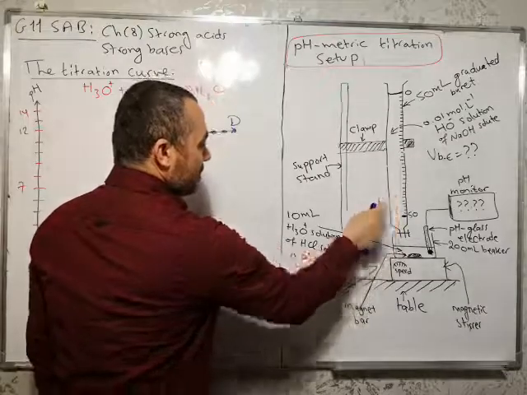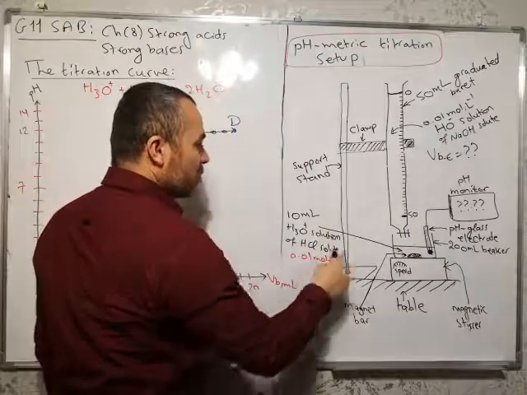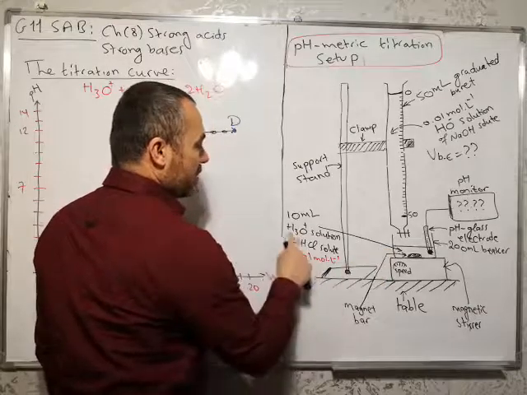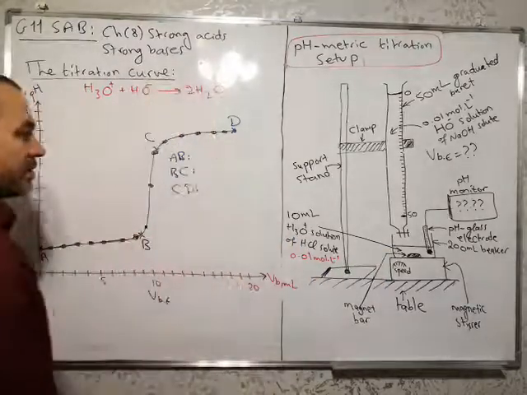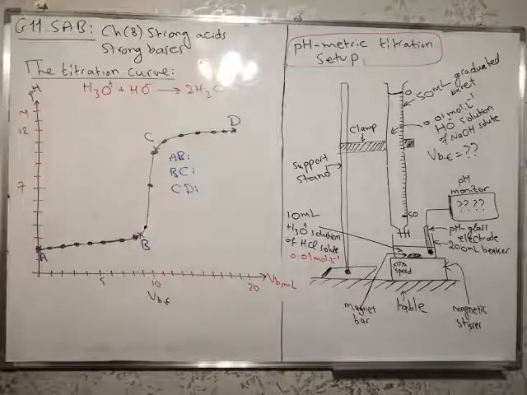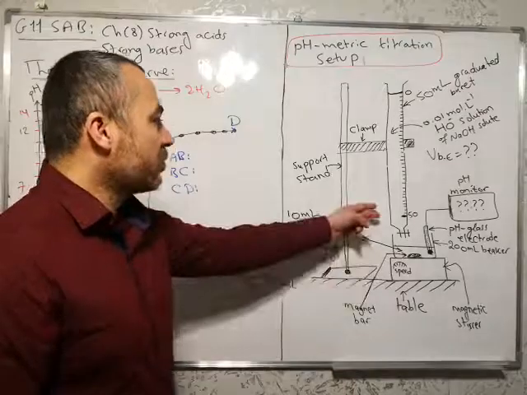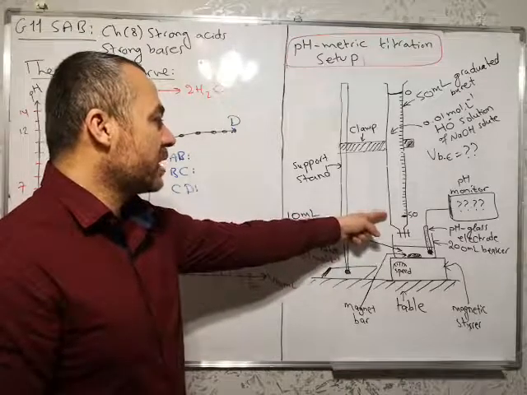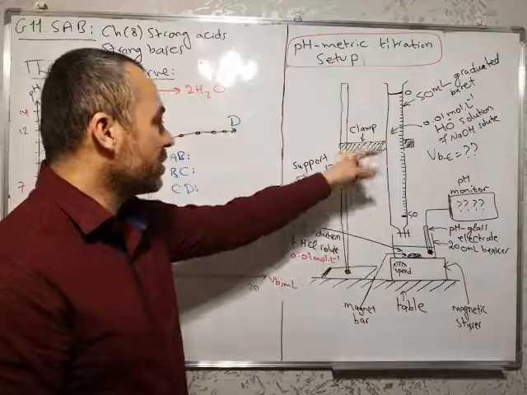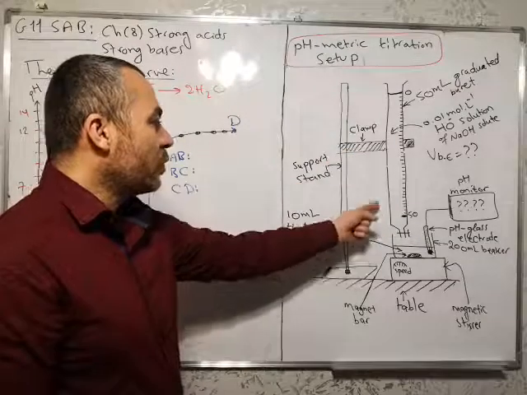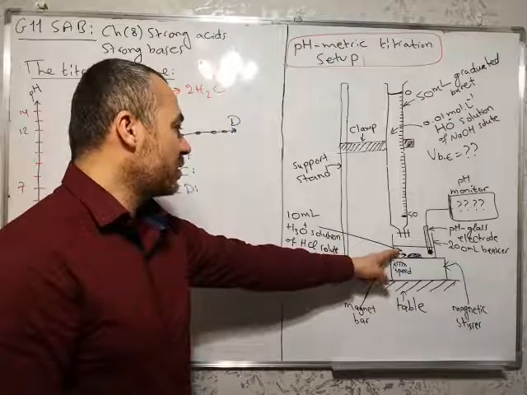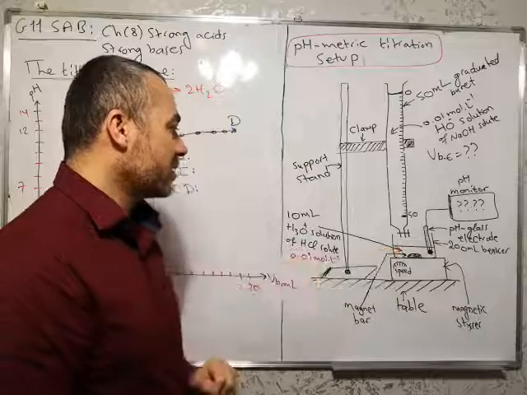Assume this 1 milliliter consumes 1 milliliter of the strong acid. This corresponds to a certain number of moles. The number of moles contained in 1 milliliter of this strong base will react with the same number of moles included in 1 milliliter of this strong acid.